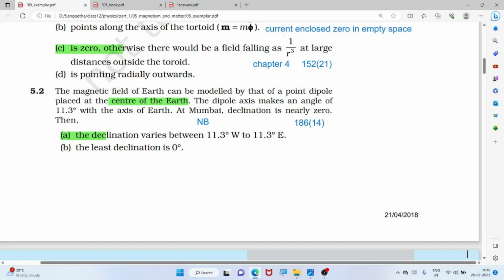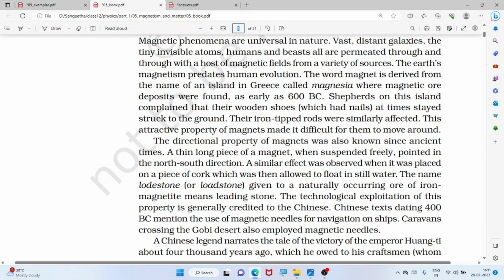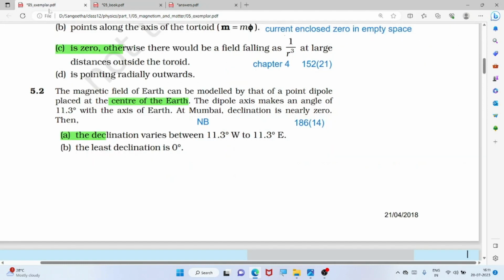So the declination is 11.3 degrees west to 11.3 degrees east. Here this is the geographical north. If we place the dipole here, it can also make that angle.